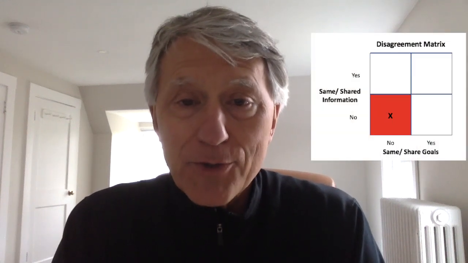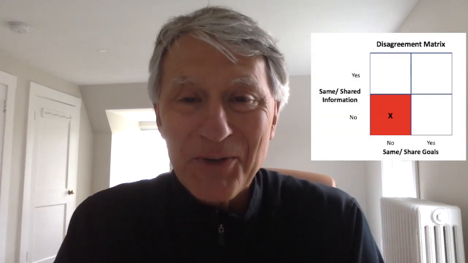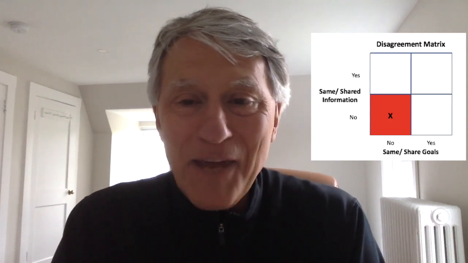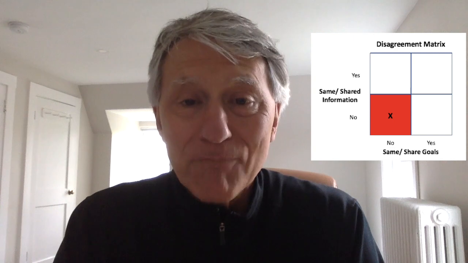And so starting the disagreement matrix at bottom left, this is hell. Because we don't agree on anything. We don't agree on what we're trying to accomplish. We don't have the same information. And so, yeah, good to know.